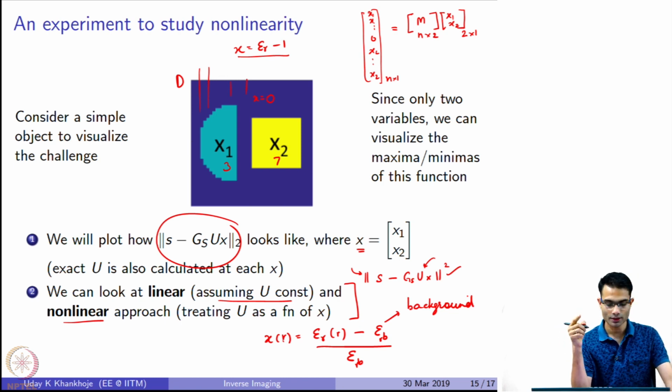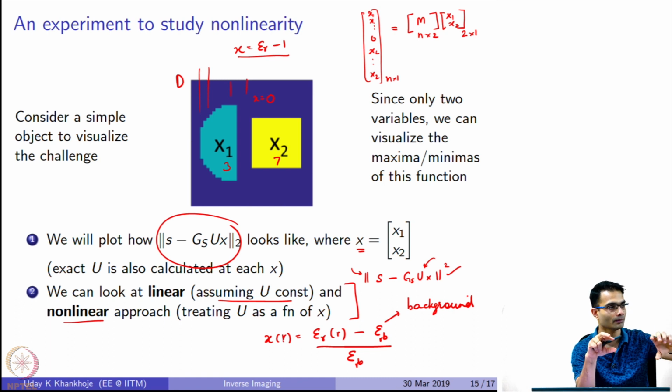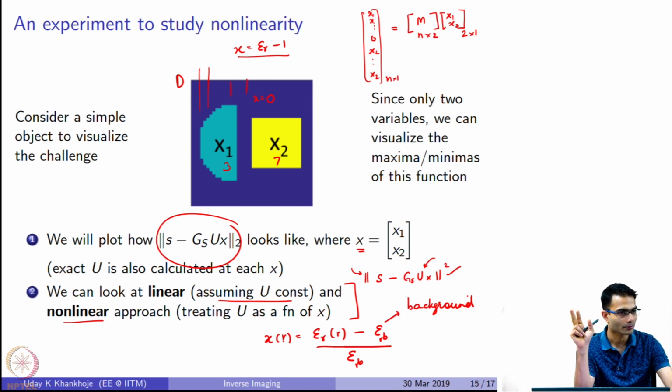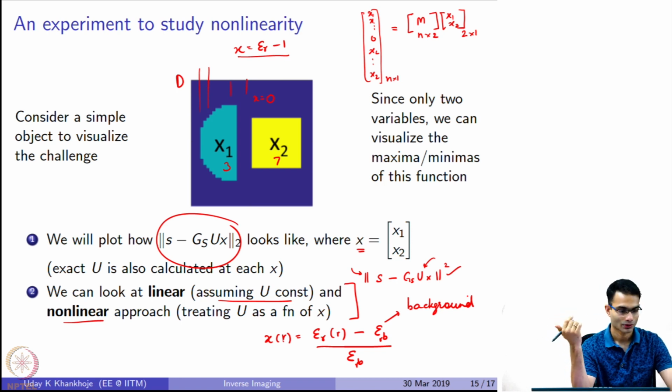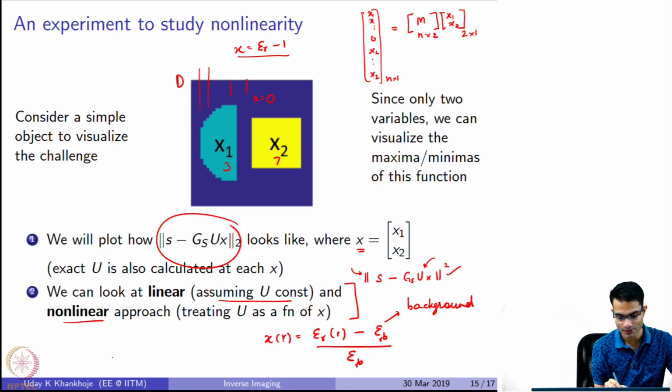But if I know that the true permittivity is roughly going to be in this high range, then I can fill the medium with what is called a matching liquid or matching material, whose epsilon b is, let's say, something like 5. So then what will the contrast become?